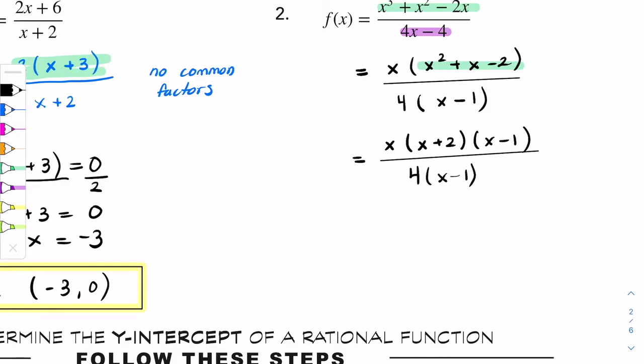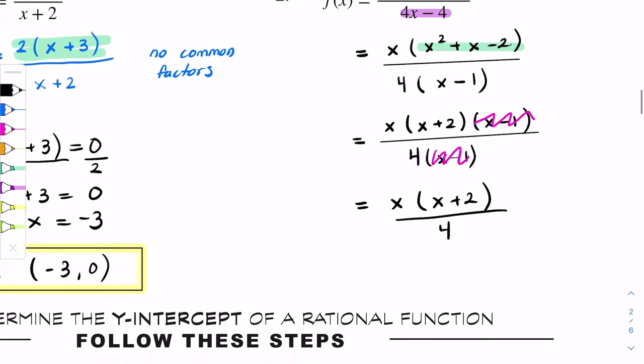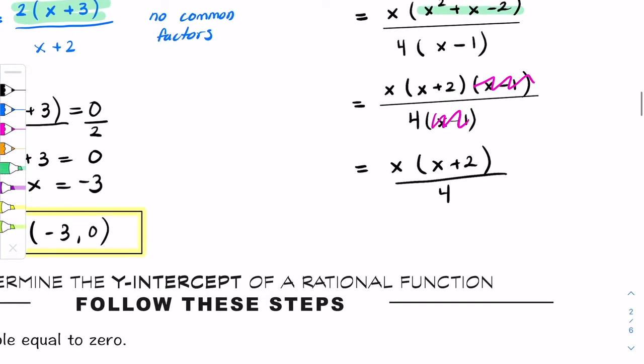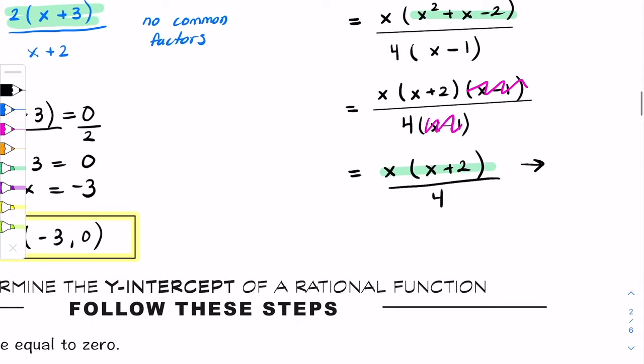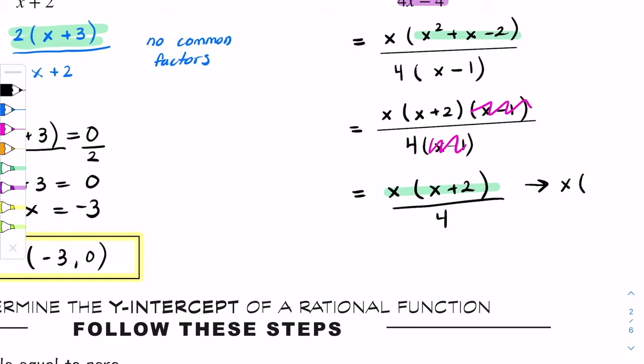All right, in this example, we do have a common factor. We can eliminate x minus 1. That leaves us with x times x plus 2 divided by 4. And at this point, you take your remaining numerator, you set this equal to 0, and you set each factor equal to 0.